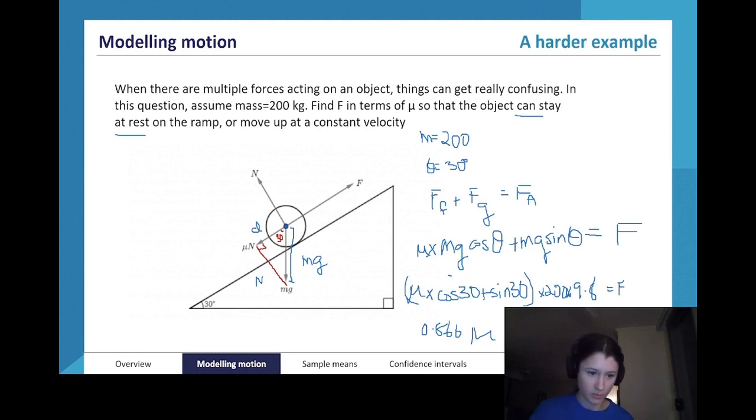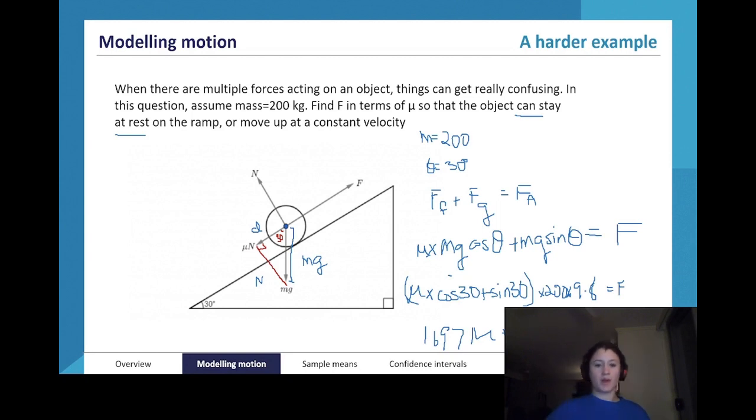Actually simplifying this even further, this gives us 1697 mu plus 980 equals F.